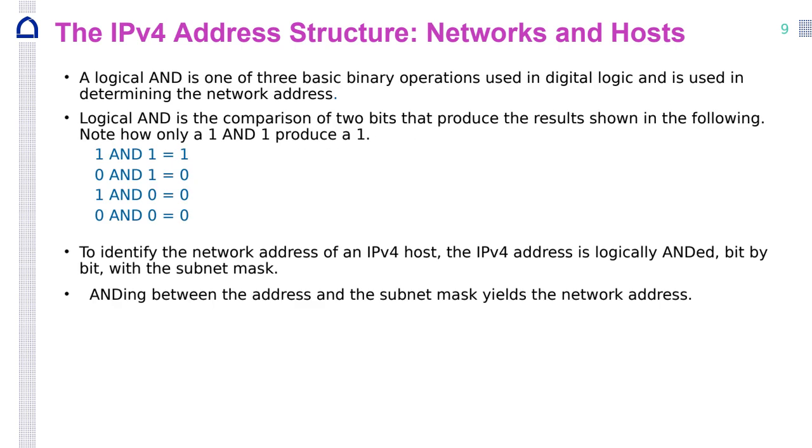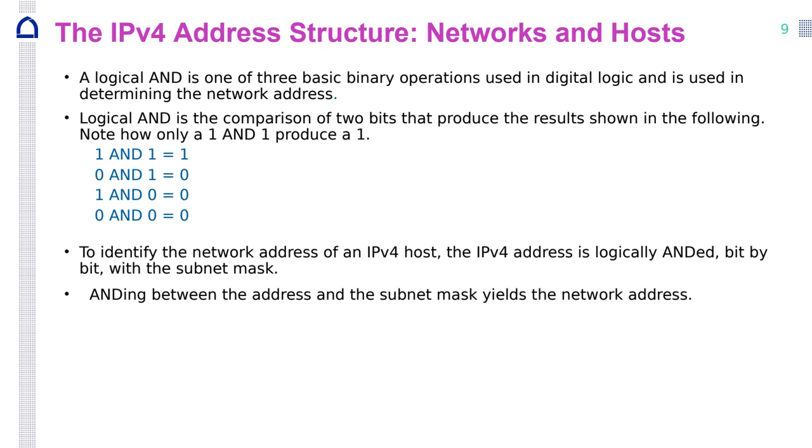There is a mathematical way to do it. You do ANDing with the subnet mask, and it gives you the host address. If my host address bit is 1 and the subnet mask bit is 0, 1 and 0.